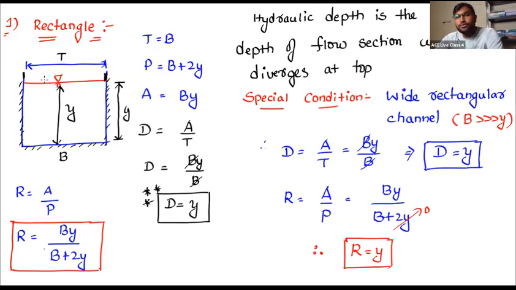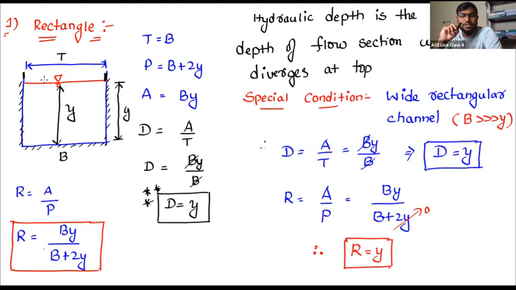Yes or no? I told you in the starting, whenever there is a flow, there is a head loss, and that head loss is due to friction. And in order to find out that head loss due to friction, you require the concept of hydraulic radius.